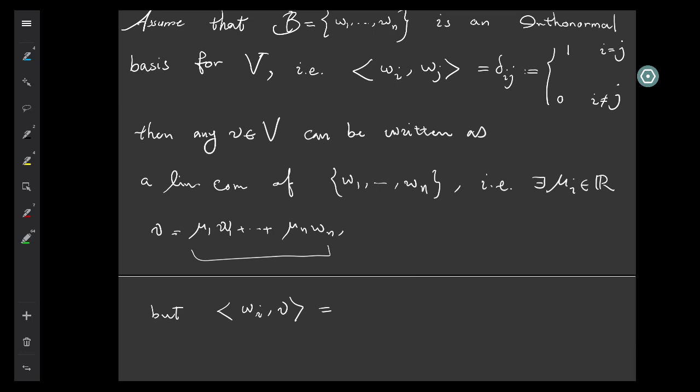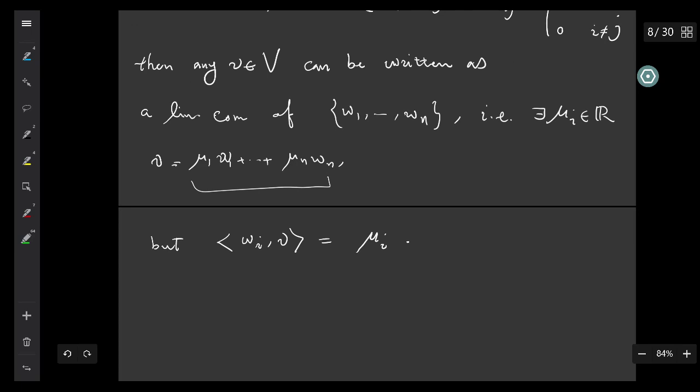So this gives us mu i. That's very nice. It means that the coordinates of a vector of a vector space with respect to an orthonormal basis are very simply identified with just an inner product.